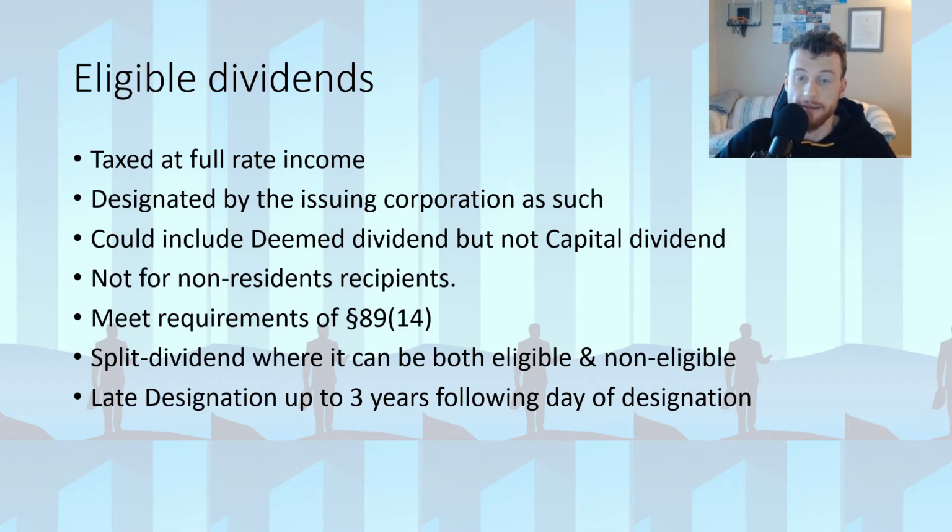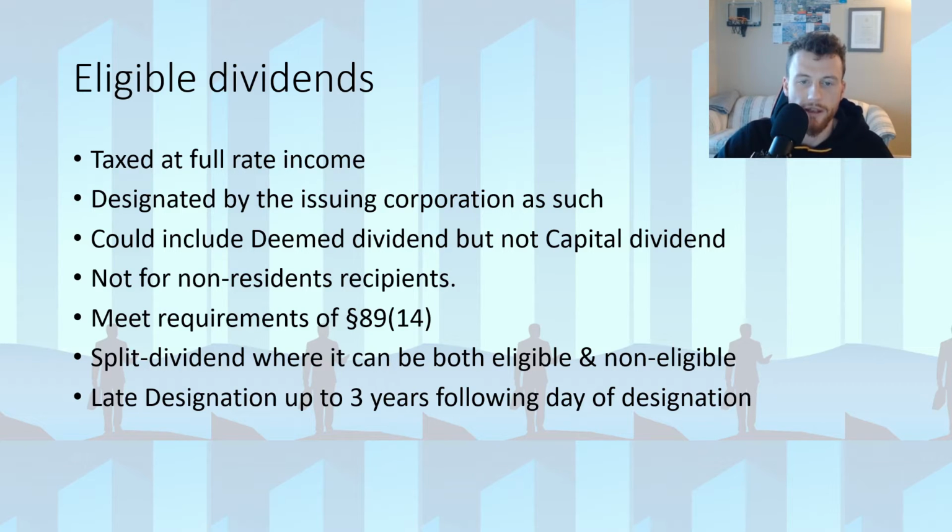It could include a deemed dividend in which the book value of their shareholding has increased, but it would not include any capital dividends. You do not designate eligible dividends to non-resident recipients, and it must meet the requirements of Section 89, Part 14.